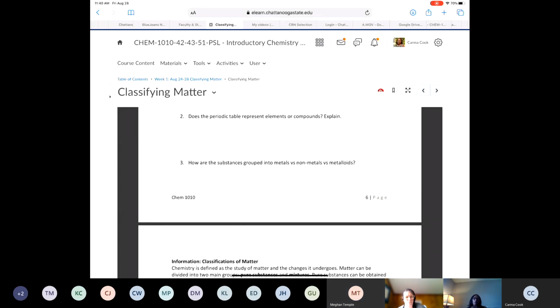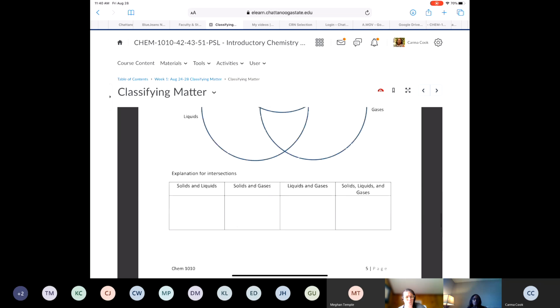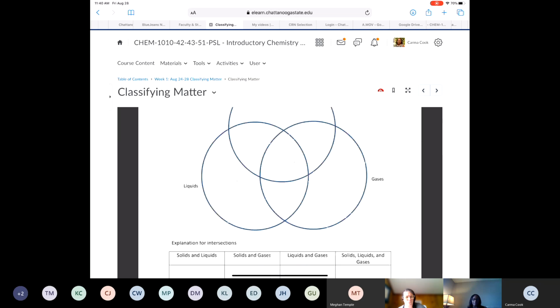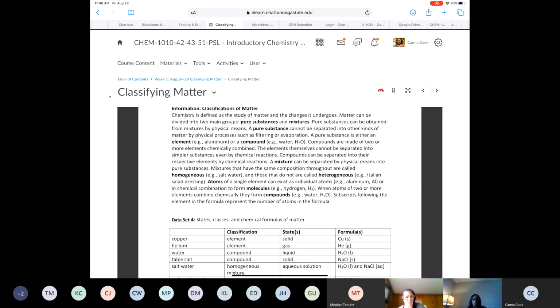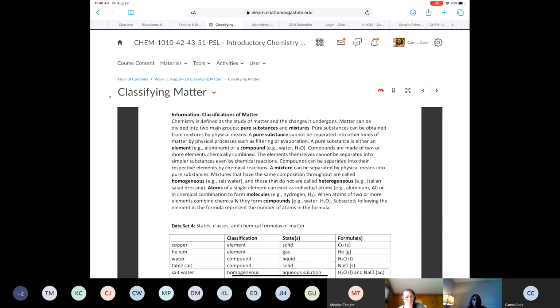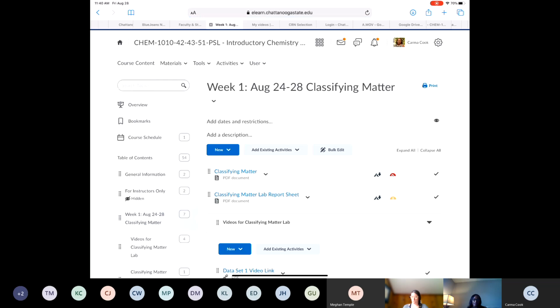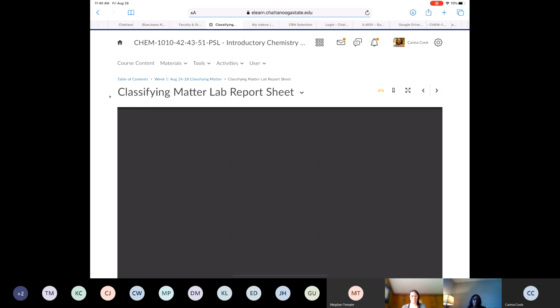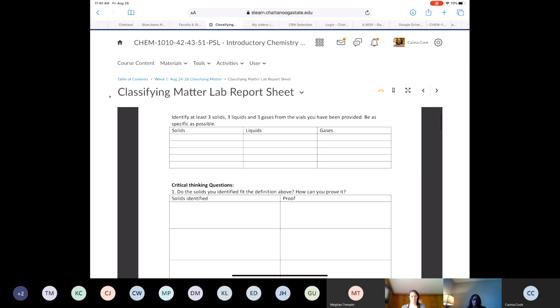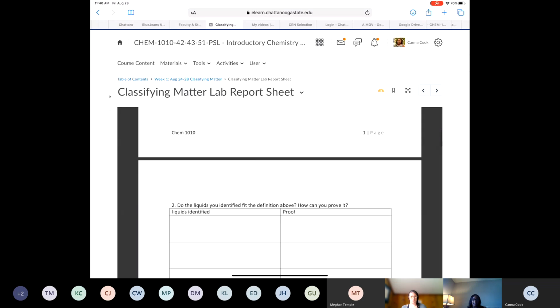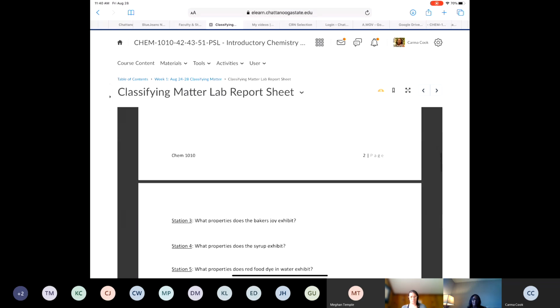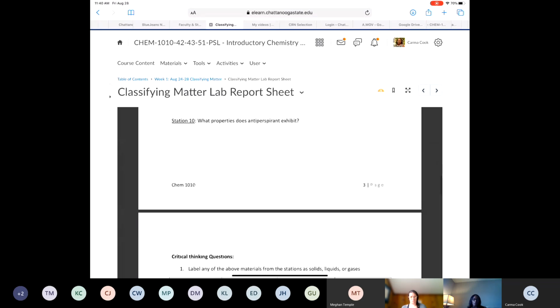You need to download and print both documents, because I don't want you to turn all this into the Dropbox. I don't need you to turn in all the instructions to me. All I want you to turn in for a grade is the report sheet that has all the answers to all the questions and has all the data tables that I'm going to be grading. This is all I'm going to grade, is the lab report sheet.